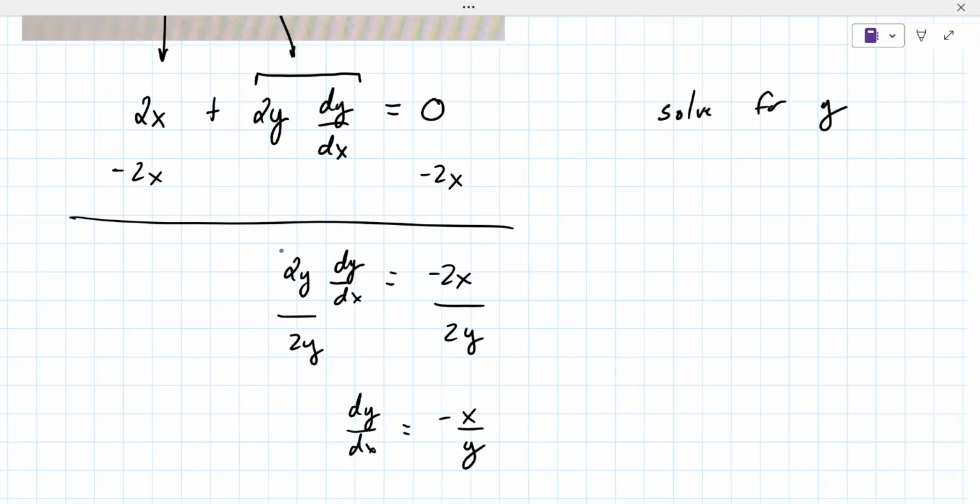Any questions on that? Nope. All right. So the solving for, sorry, dy dx, not y, could involve some factoring, could involve moving stuff around, factoring out. Just depends on the complexity.